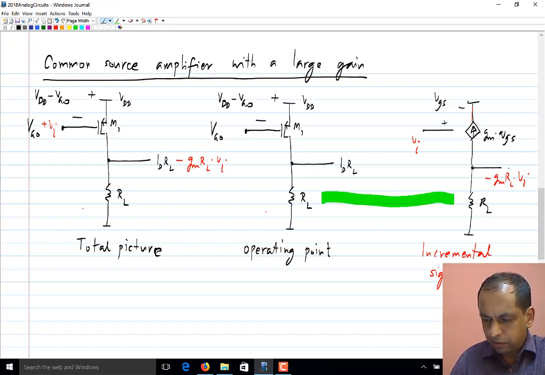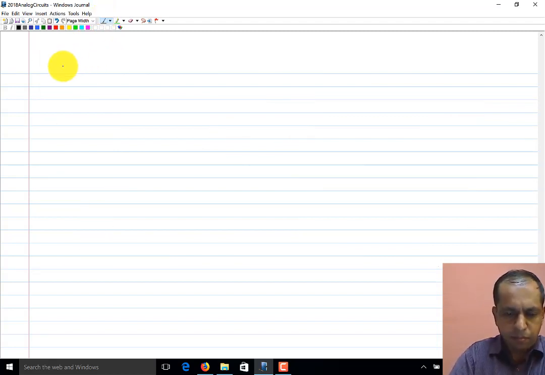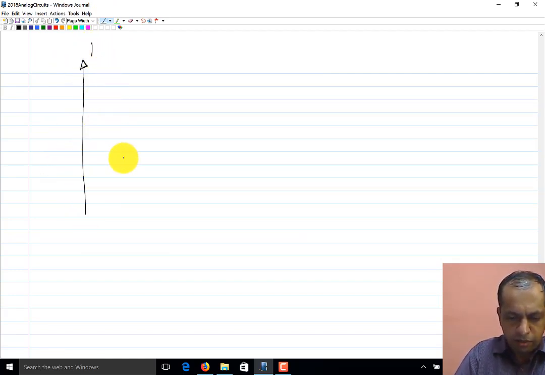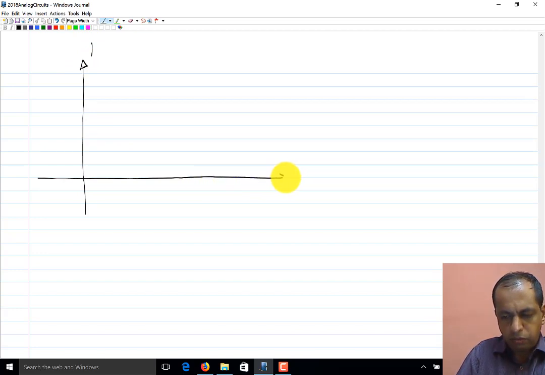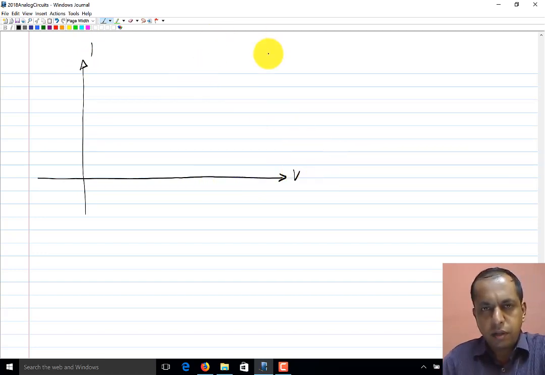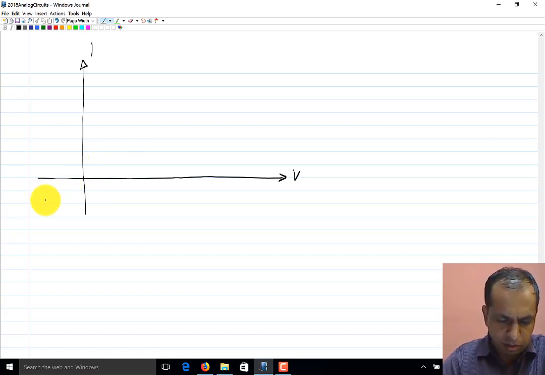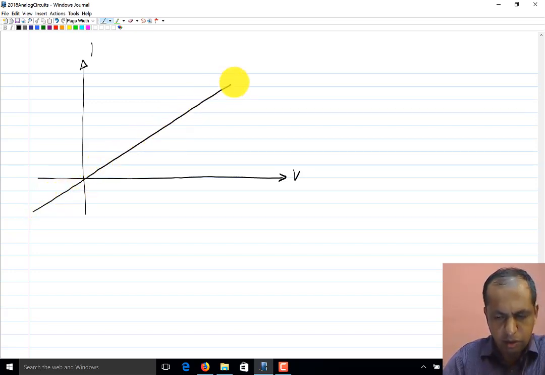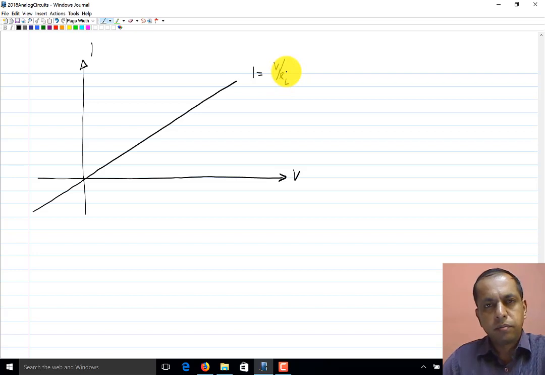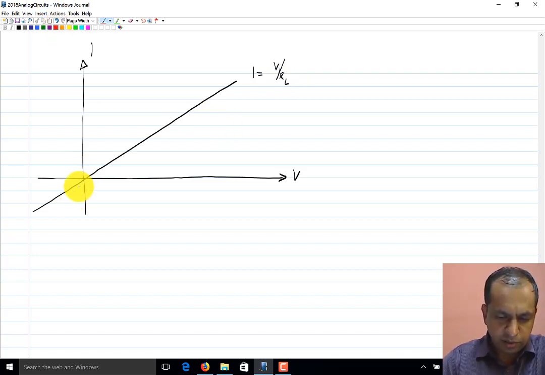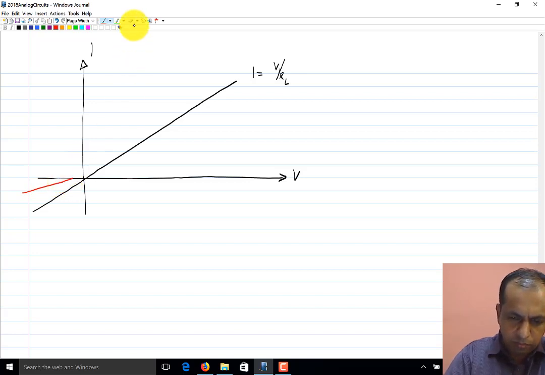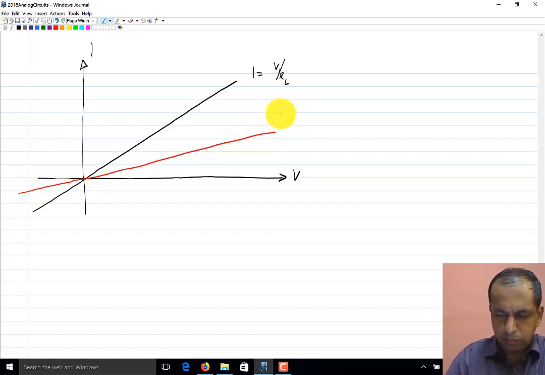Okay. So now let's look at this graphically. Let's look at the IV characteristics of RL. I'll show only one of the quadrants. It's like this. I equals V by RL. And if I have a larger resistor, the picture looks like this.